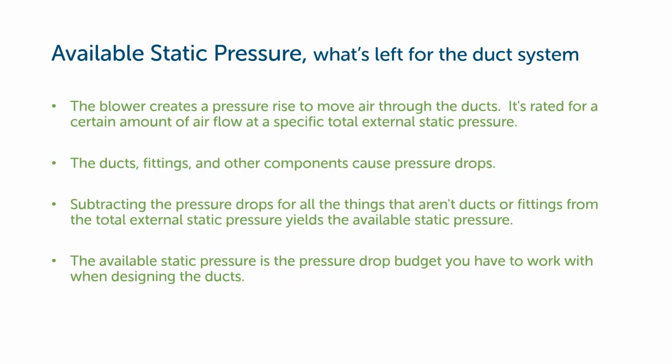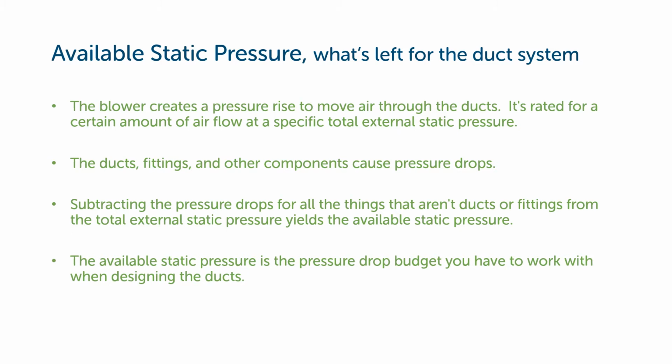The available static pressure is what's left over for the ducts. The blower is going to create a pressure rise, and it's rated for a certain amount of airflow at a certain pressure. And the ducts and the fittings and the registers and the balancing dampers and all the other components in the system all cause pressure drops.